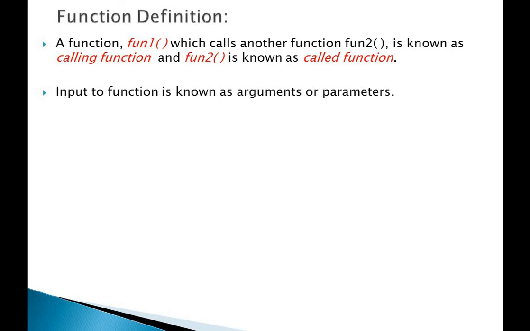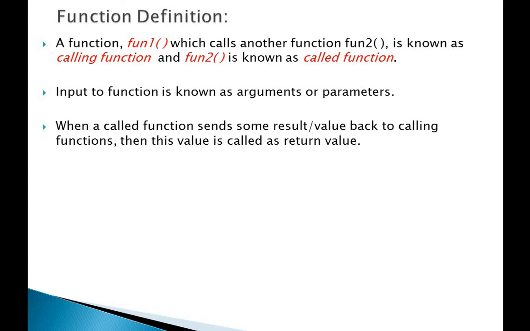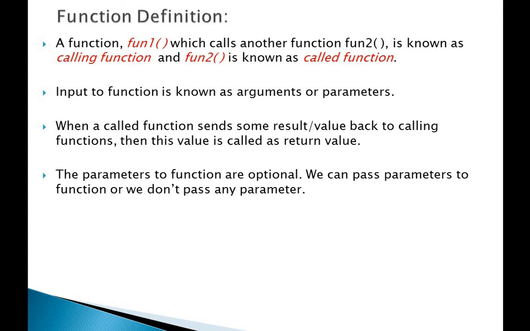This input is known as arguments or parameters. Every function is allowed to return some value. Every function is allowed to send some value back to its calling function. That value is called the return value. The parameters to the function are optional. We can mention them. If you do not want, we can avoid them.